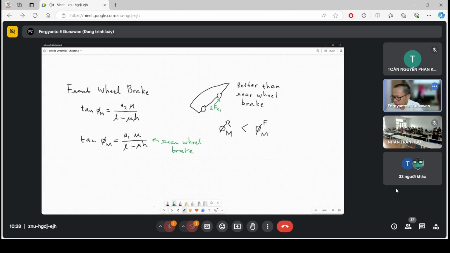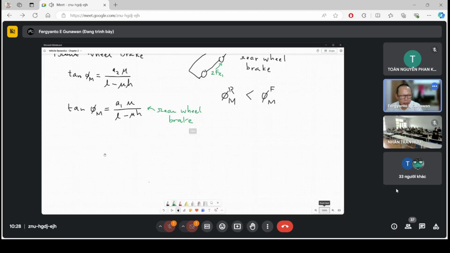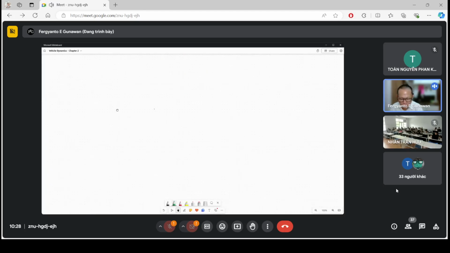As for the best one, of course, it is the four-wheel brake, right? Now let's discuss the four-wheel brake.